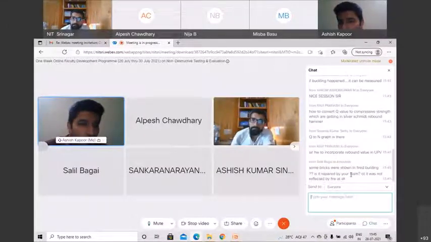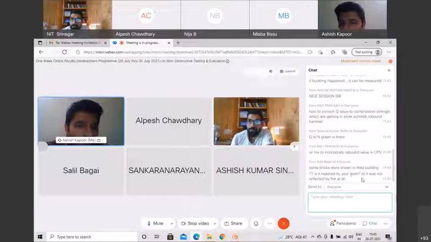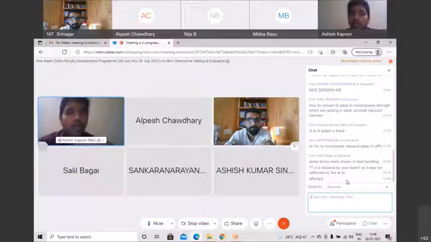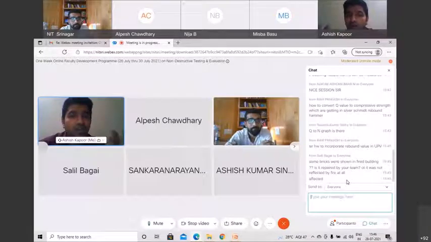Some bricks were shown in the fire-affected buildings. Were they repaired by your team, or were they not affected by fire at all? Yes, the condition of bricks was also examined. Due to heat, as we all know, the bricks are already in burnt condition, so the damage to the brick is always low as compared to the concrete, because concrete is a structural member, and the bricks which you have seen were non-structural members.